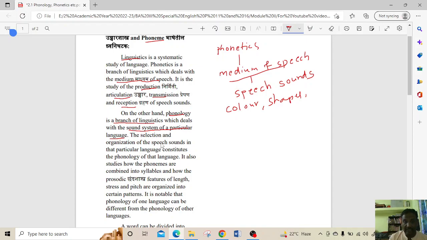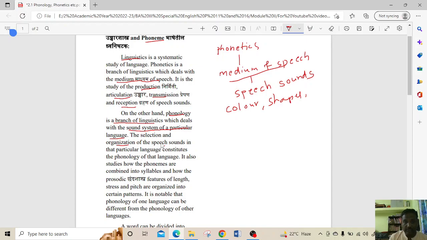And in that particular language, which speech sounds are used, how they are organized, how they are arranged, and how they constitute the language, all these things are studied under phonology.